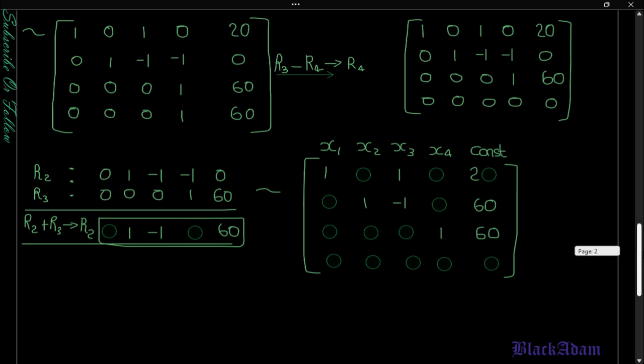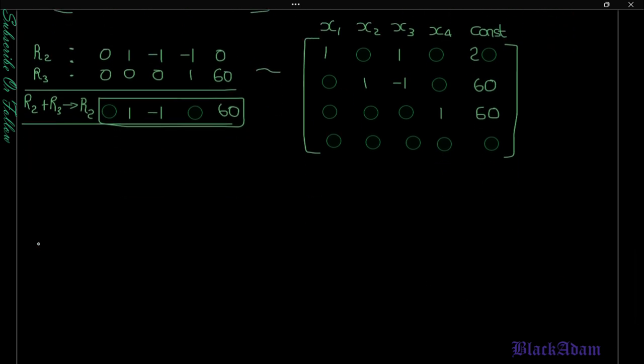Okay, so that's the equal sign, the constant, and we're going to say x1 is going to be 20 minus x3, and then we have x2, which is going to be 60 plus x3, and then x4.